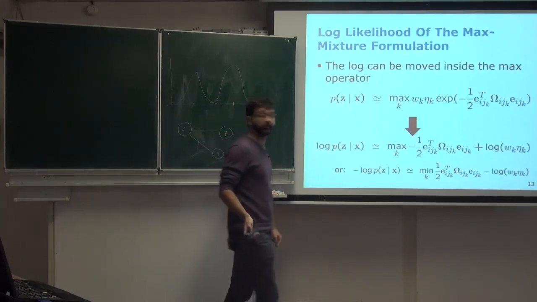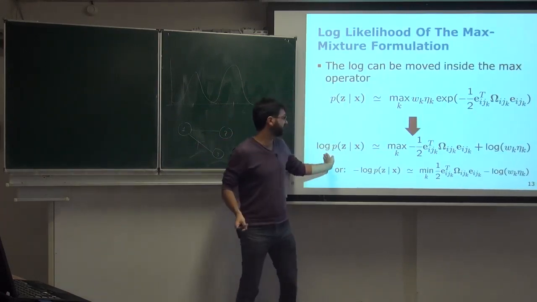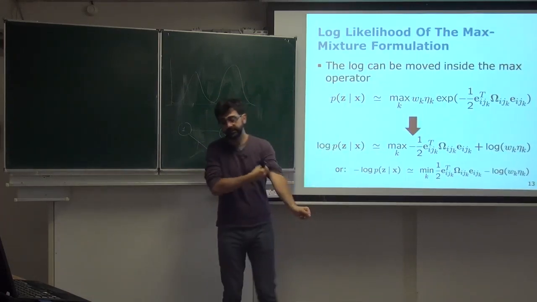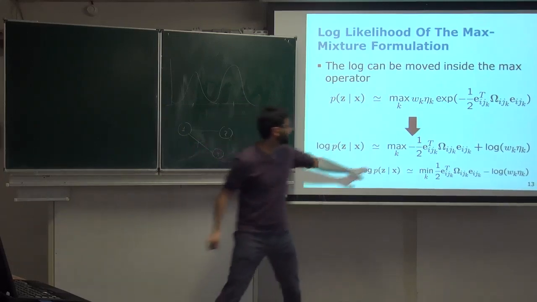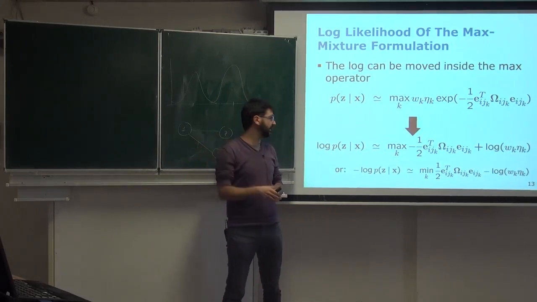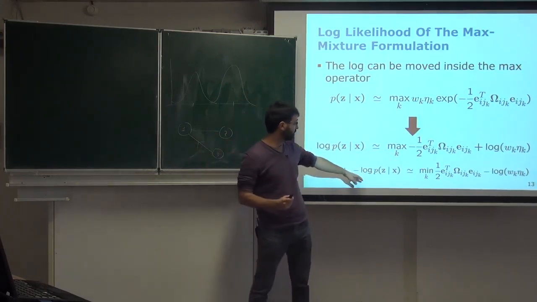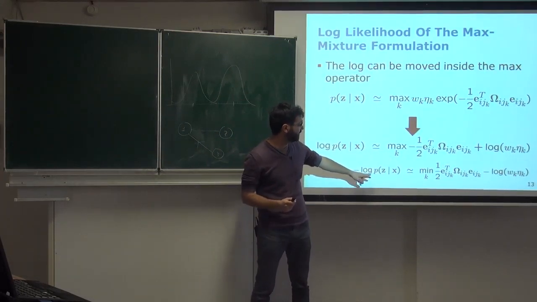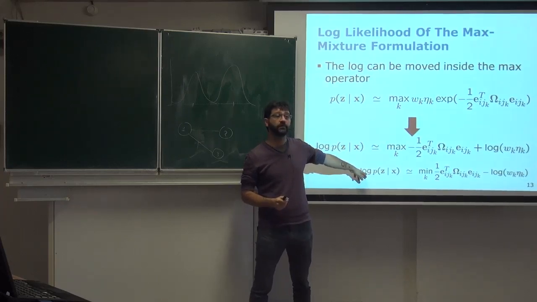So if we do this max approximation, then we can easily move the logarithm inside. The reason we can do it is that we are maximizing something, so we are taking the max of something, and we are taking a monotonically increasing function of that. Okay?